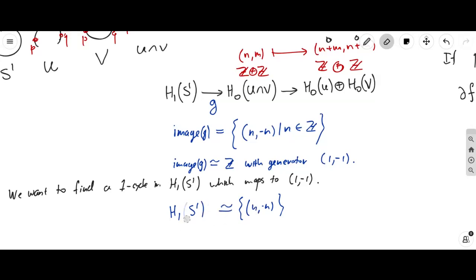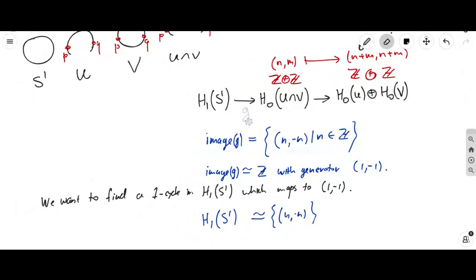Because you have this isomorphism, there has to be a generating cycle that gets mapped to the generator. And the question is, what is that generating cycle? So here's the way we do it. This nicely illustrates the idea of the lowering of dimension map from H1 to H0.